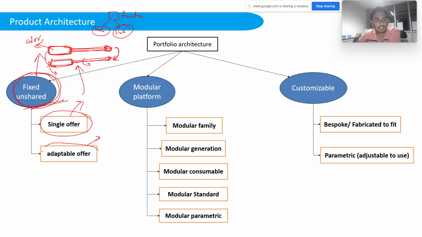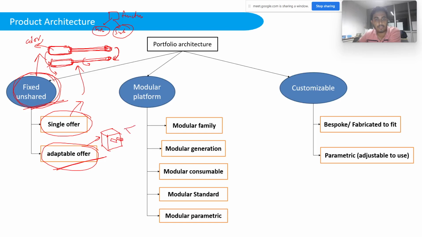Again, the next is adaptable offer. What is adaptable offer is, you have a product which is unique, but there is some sort of adaptability you need to provide. For example, if you consider a charger. In the Indian setting we have these cylindrical charging points.